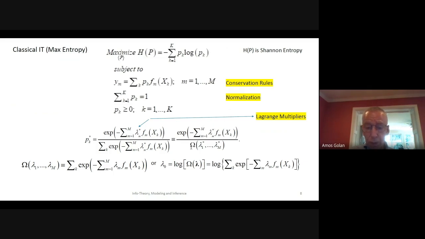In the natural science or Bayesian literature, this is called the partition function. But if you look at it, it's just a normalization factor. It normalizes everything in the numerator to make sure that the p's are well-behaved probability distributions that sum to exactly 1.